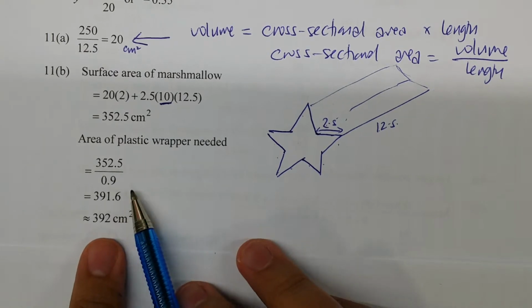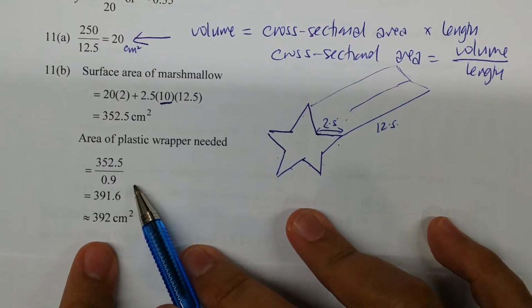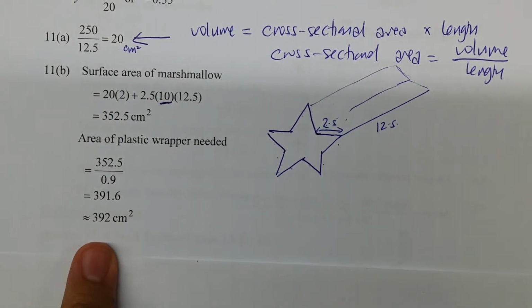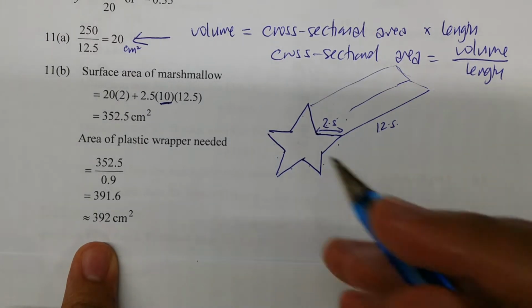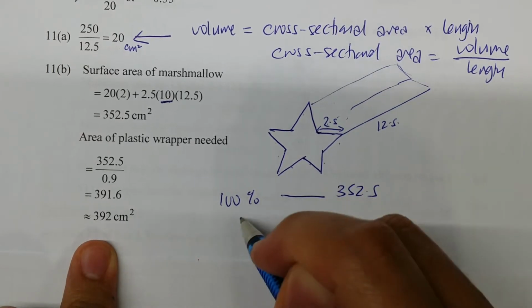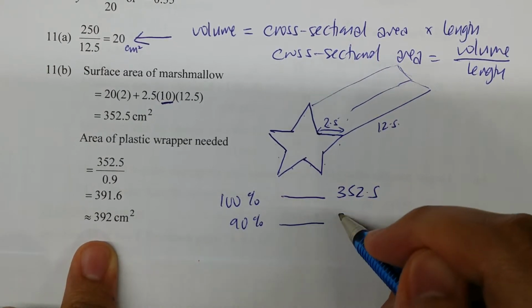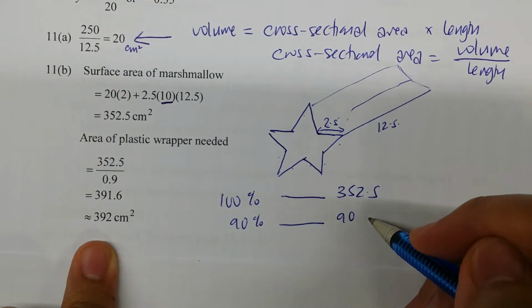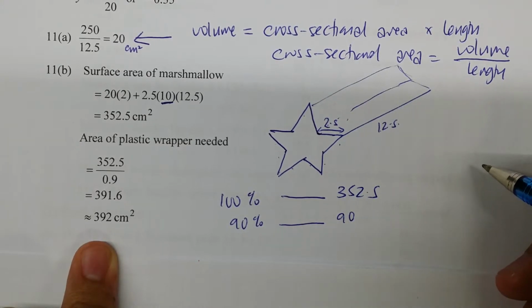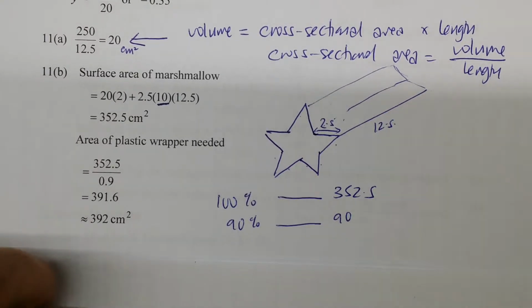So I need to find the area of plastic wrapper needed. Why is it divided by 0.9? They ask you to find the area of plastic to wrap one such marshmallow. So 100% is 352.5, 90% is this. Did I make a mistake? Hold on, let me check. Okay, I think I made a mistake.